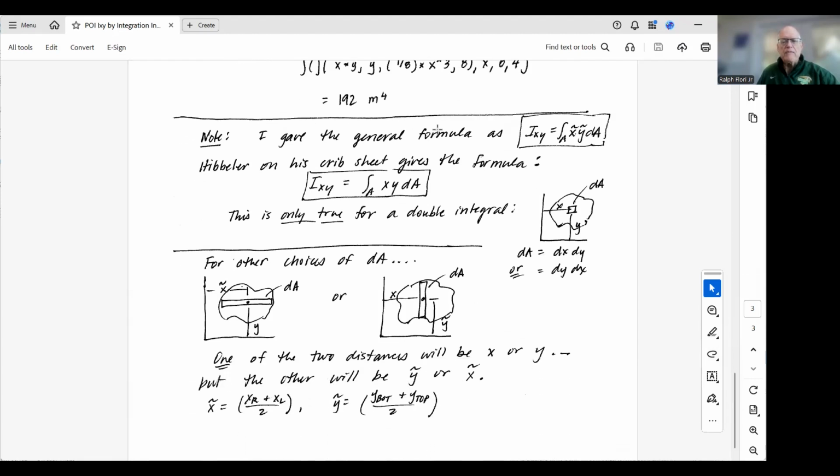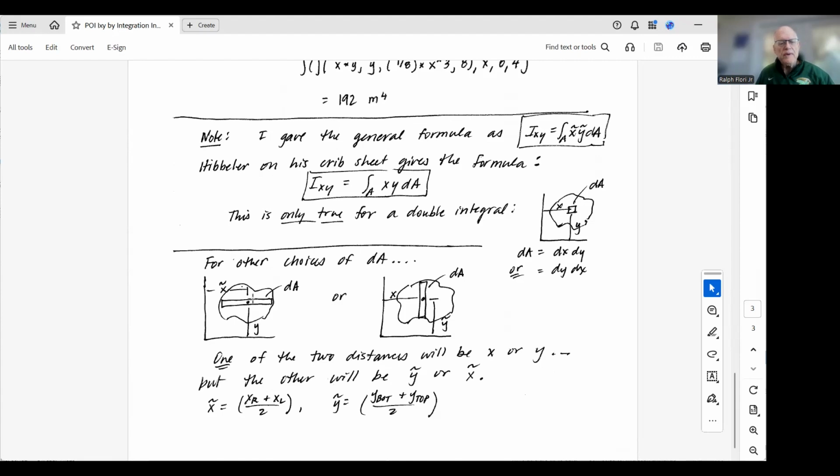And this is just a reminder. The Hibbeler on his crib sheet gives the general formula, the integral of xy dA. I gave the general formula as x tilde, y tilde, dA. Hibbeler's definition is only true for the double integral. This is x, this is y.